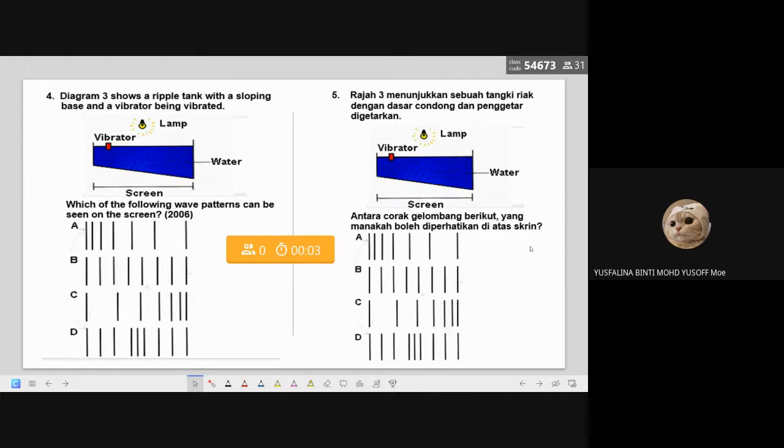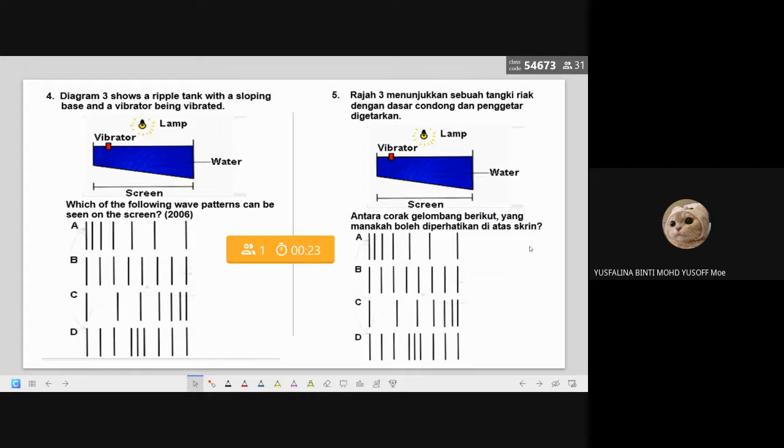Okay, so remember the deep area will produce the higher wavelength if you compare to the shallow part. So let's say if I put the ripple tank, and I put below it maybe a screen or white paper, what can I see?